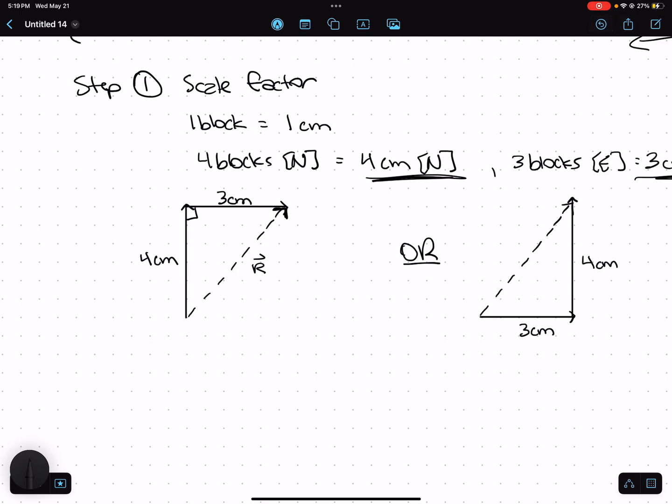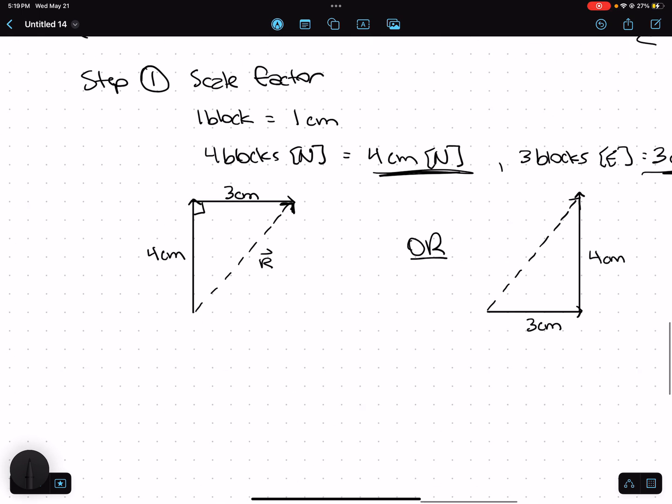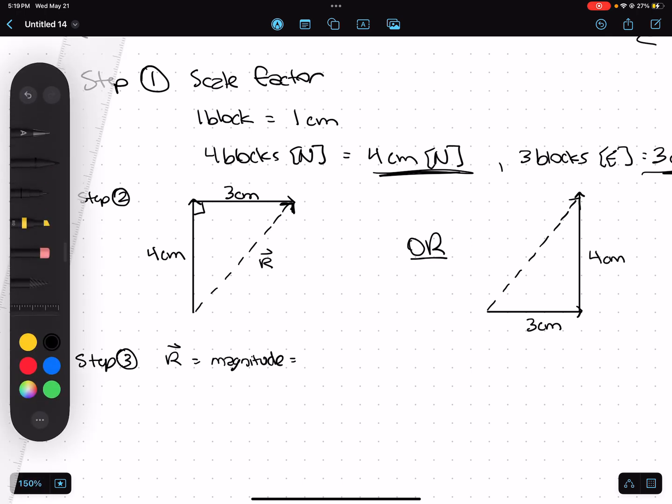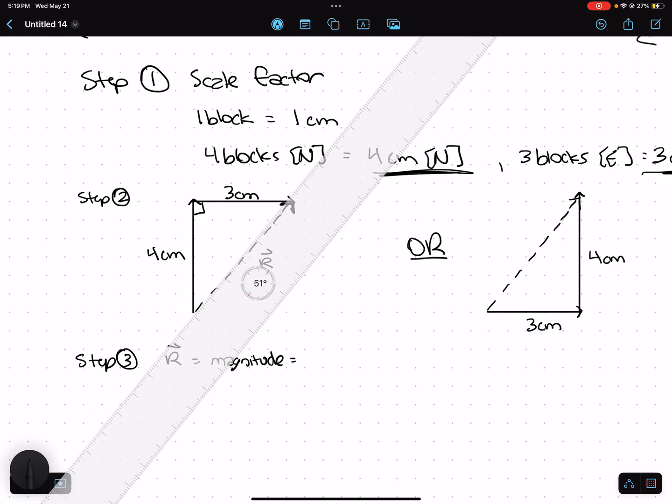Now that I have my triangle, I am going to take my ruler and I am going to measure my displacement. So this was my step 2. My step 3 is actually measuring the displacement, my resultant. So my magnitude is how long it is. So get your rulers out and measure how long your resultant is.